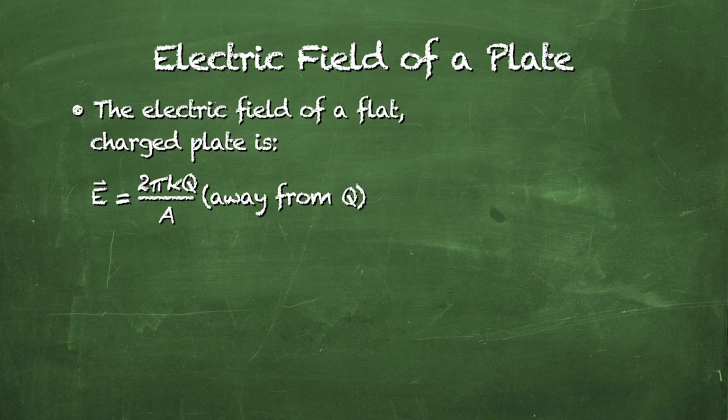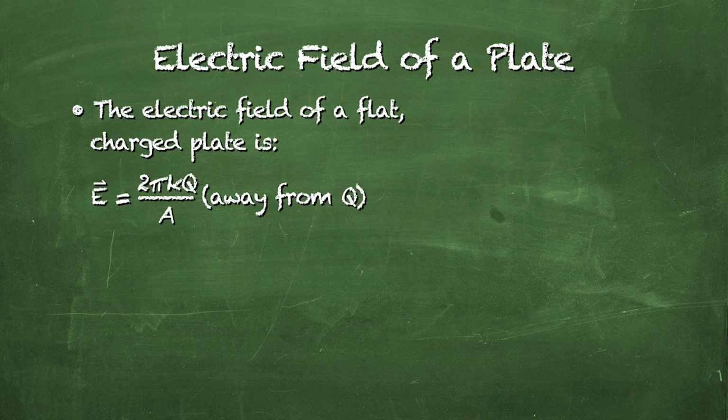So once again, for a flat charged plate, the electric field is 2 pi times our constant k times the total charge q on the plate divided by the area of the plate.